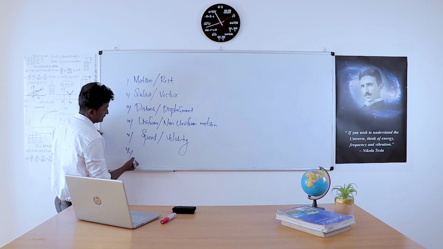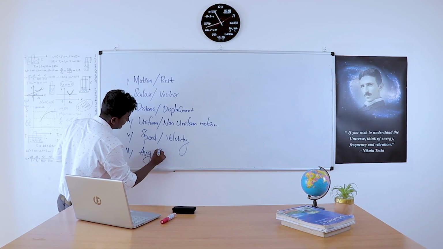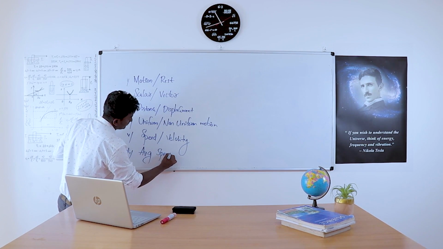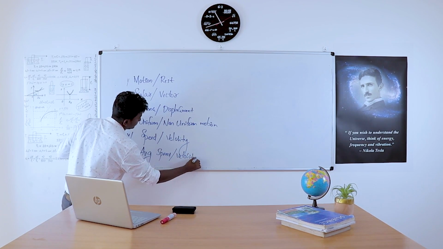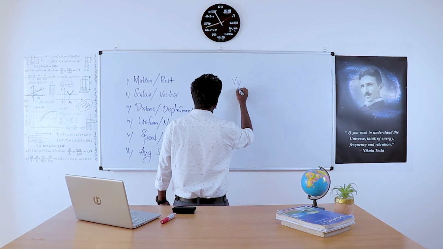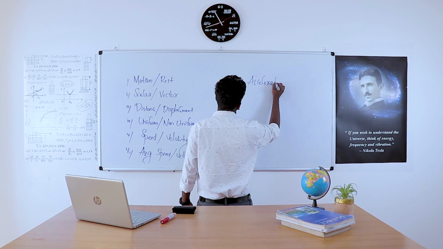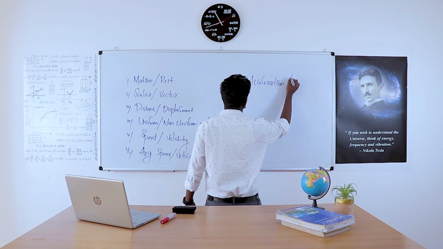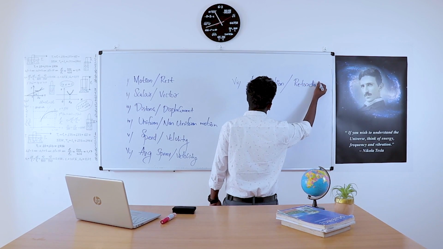Sixth one is average speed and average velocity. Then seventh one is acceleration and retardation.